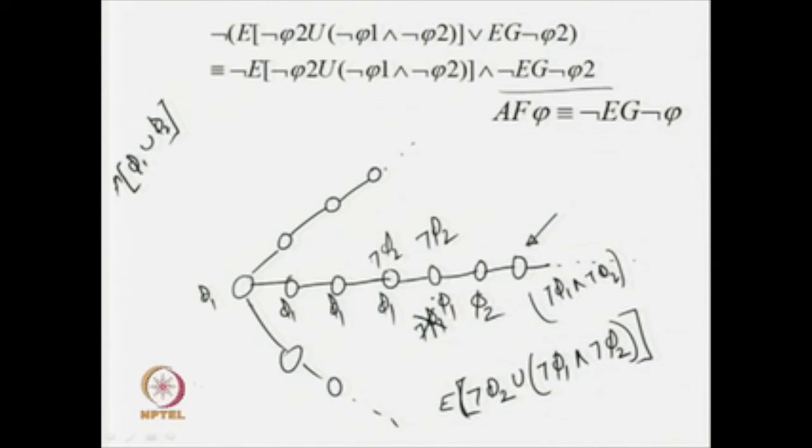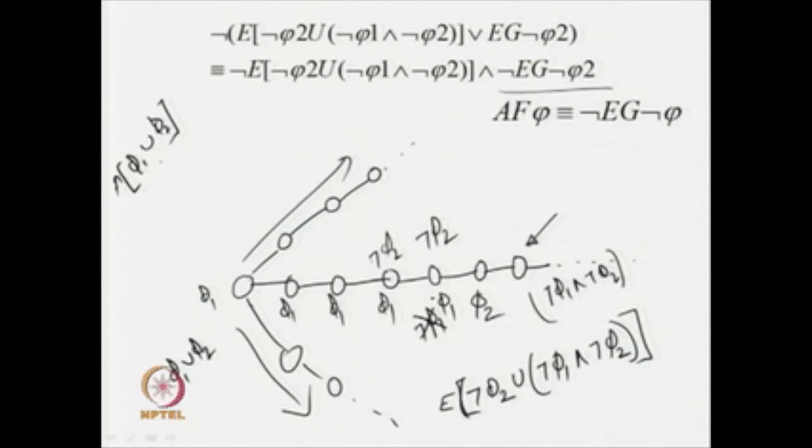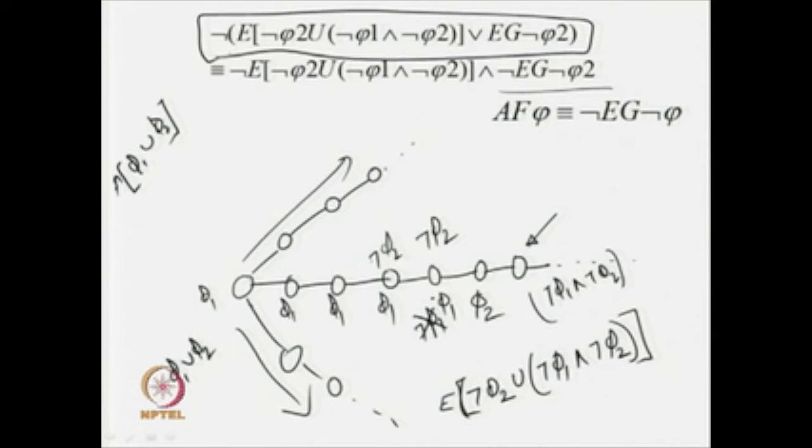So, that means we are getting this particular path where phi 1 until phi 2 is true. And with similar logic, we can extend it to all other paths, and we will find that on all other paths phi 1 will remain true until phi 2. So, what we have basically seen is that A phi 1 until phi 2 can be expressed with the help of this particular formula, which involves the E until operator.